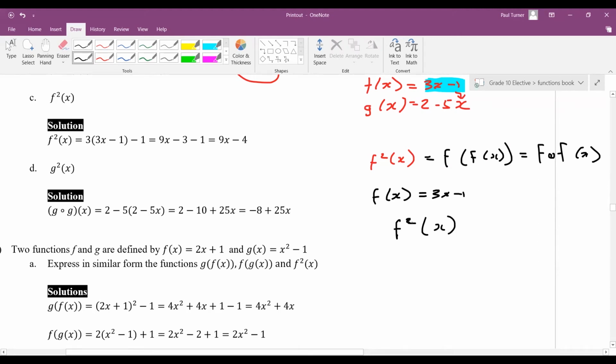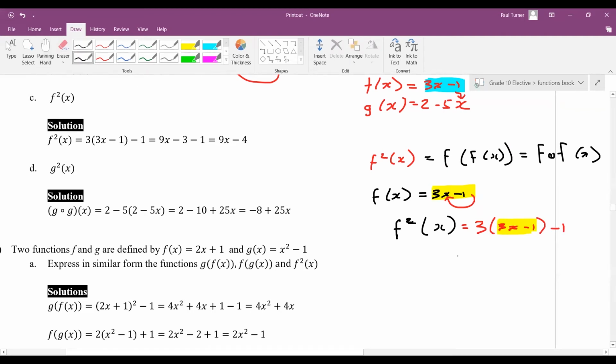So we're going to take the function, which is 3x minus 1, and we put it back into itself here. Does that make sense? 3x minus 1 minus 1. You see what I did? I put the 3x minus 1, which is f(x), and I put it back into itself.